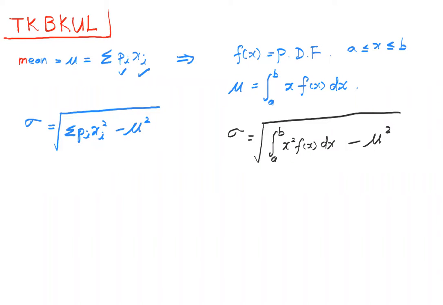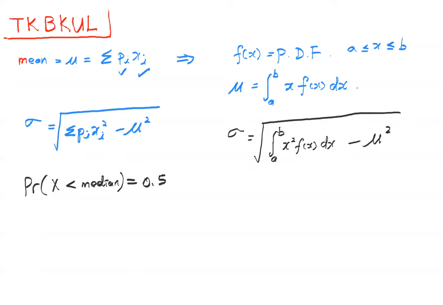Okay. Then how to find the median? So that means the median is like that. The probability of x less than the median must be equal to what? 0.5.